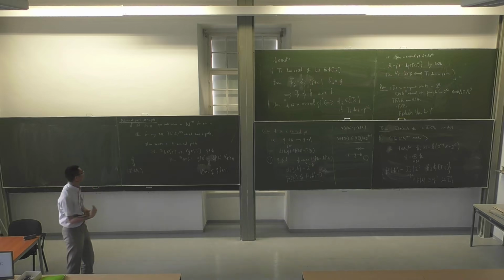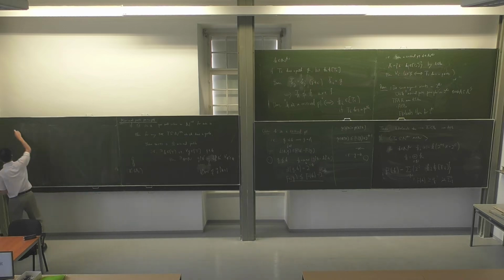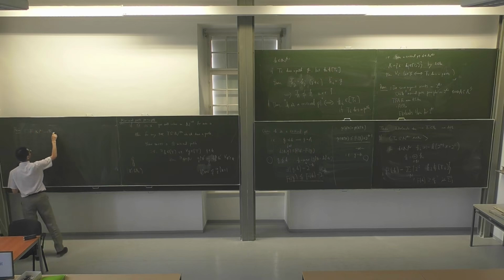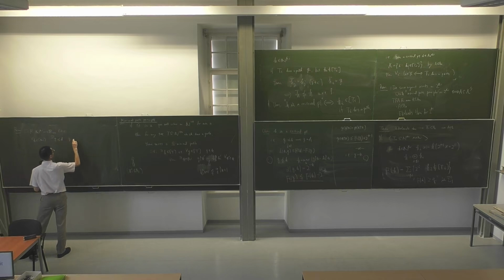The original statement, another remark, was that if f is a lower semi-continuous function, then for any h on Baire space, there is a g below h such that g is a critical point.